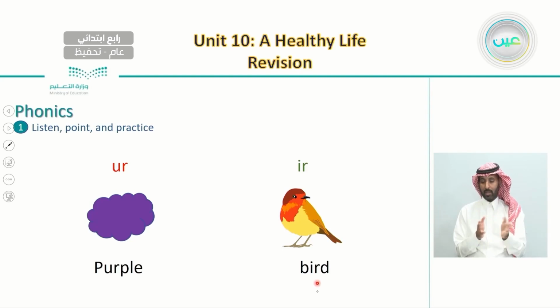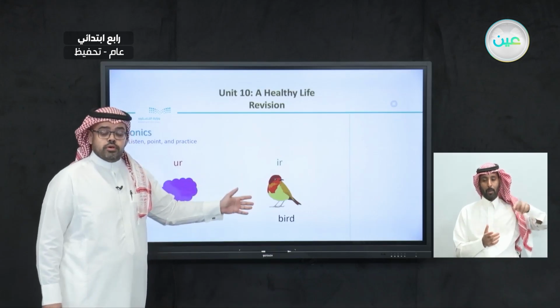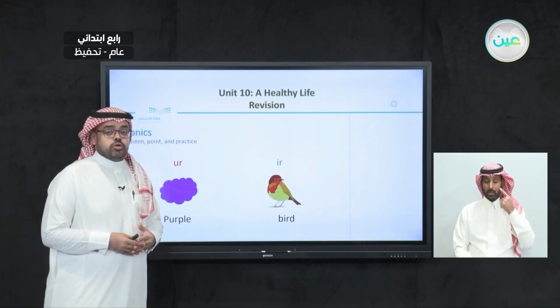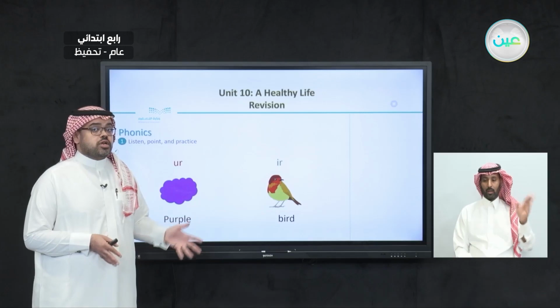The next one is bird. Bird. Say after me. Bird. So bird has the IR sound in the middle. Purple, bird. Purple and bird, these are two words that have the UR and IR letters that we're going to practice today.